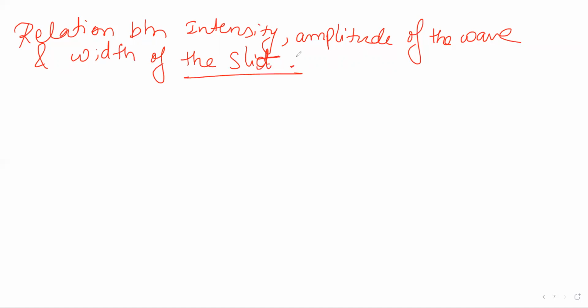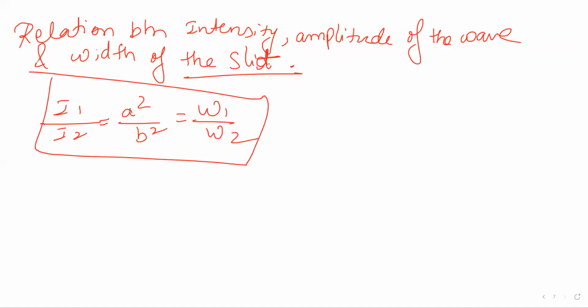We know that intensity is equal to A squared by B squared, and if we have two different widths of the slits, then it will become W1 by W2. Easy peasy. Correct?